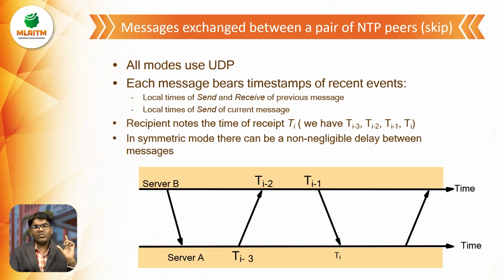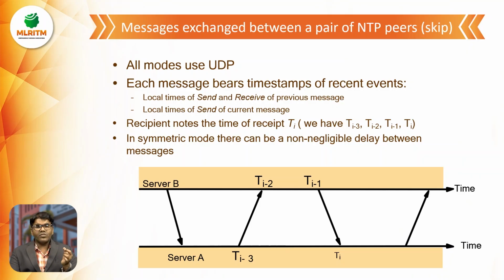The receipt time is noted as Ti, and we have Ti-3, Ti-2, Ti-1, Ti.